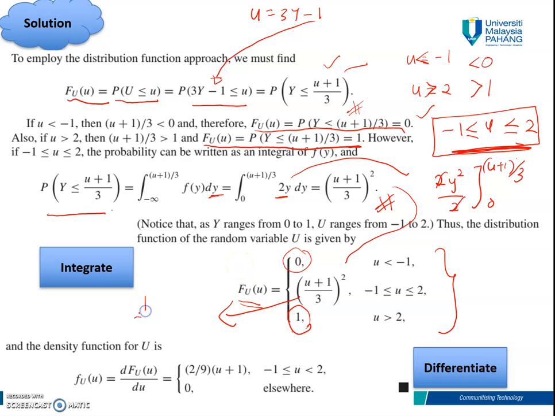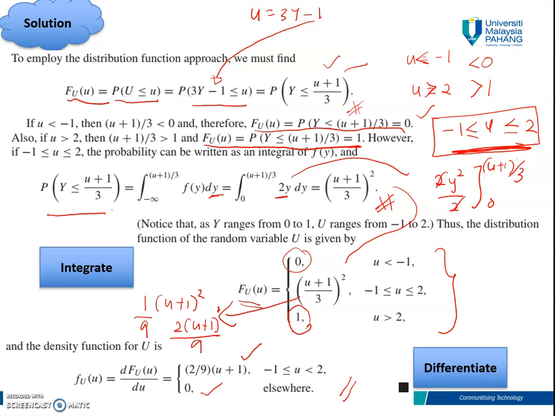You can bring out 1/9 here, and then you have (u plus 1) squared. When you differentiate this one, you get 2(u plus 1), and 2 over 9. So you get this one. The limit is from -1 to 2. And for the constant 1, when you differentiate, you get 0. So this is the final answer for the density function for u.